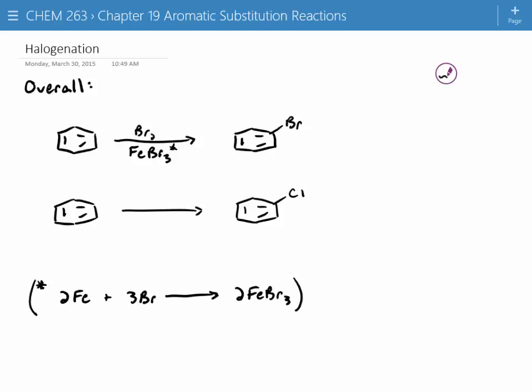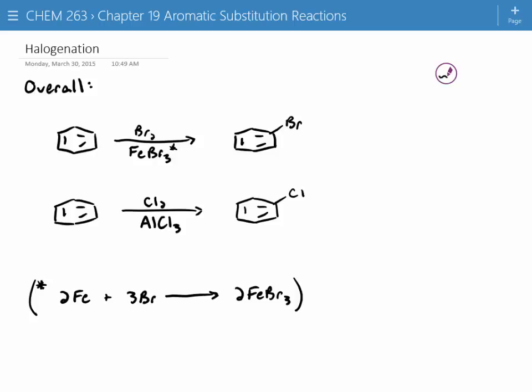So that's how we're getting our iron tribromide here. You can actually just do this with iron as well, but it's oftentimes much easier just to buy iron tribromide. With chlorine, the reagents are slightly different. You do this with Cl2, and then you do aluminum trichloride there.